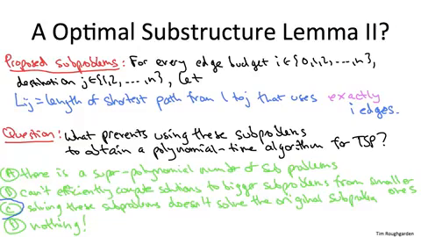What were we hoping would be true? We were hoping that when we look at the biggest subproblem, when i is equal to n, and we're looking at paths that have exactly n edges, and when we take j, the destination, to be 1, the same as the origin, that shortest path with n edges from 1 back to itself would be a tour, and therefore the minimum cost traveling salesman tour. But that need not be the case.